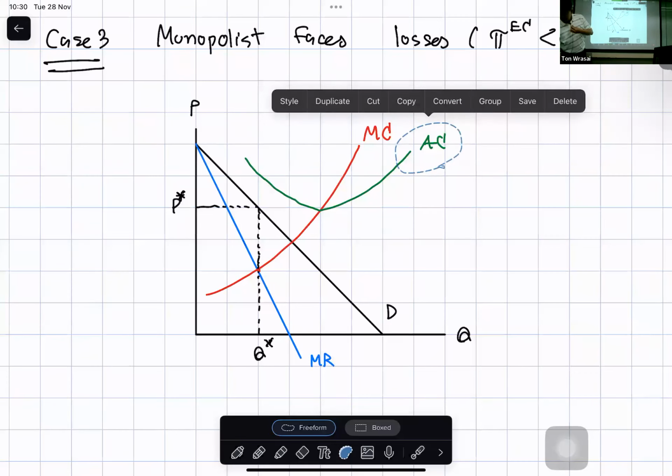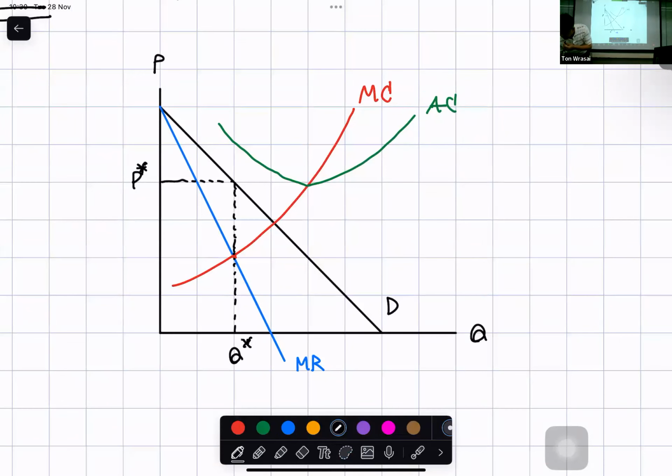Okay. We project to hit the AC curve and read cost per piece, AC. Loss per unit. Sorry, this is just loss.